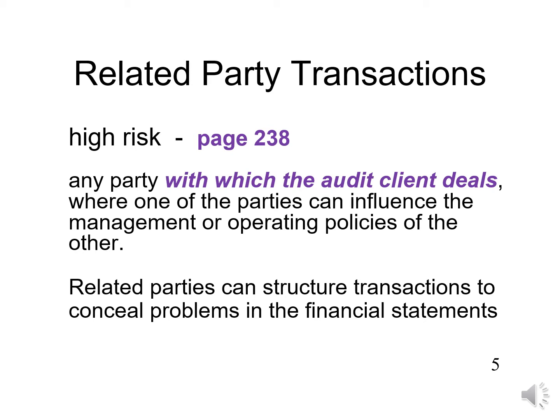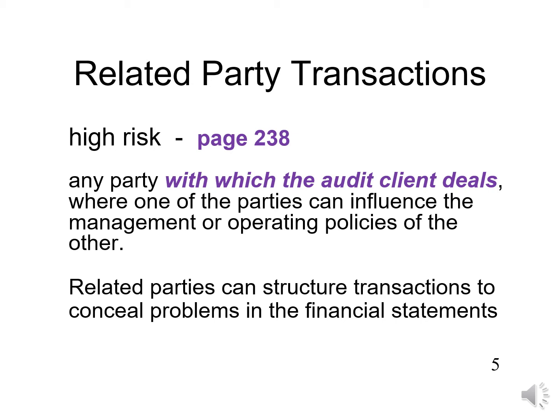So Enron had literally thousands of related party transactions, related entities with which it dealt. And it could move assets off of its balance sheet into the balance sheets of these related entities.